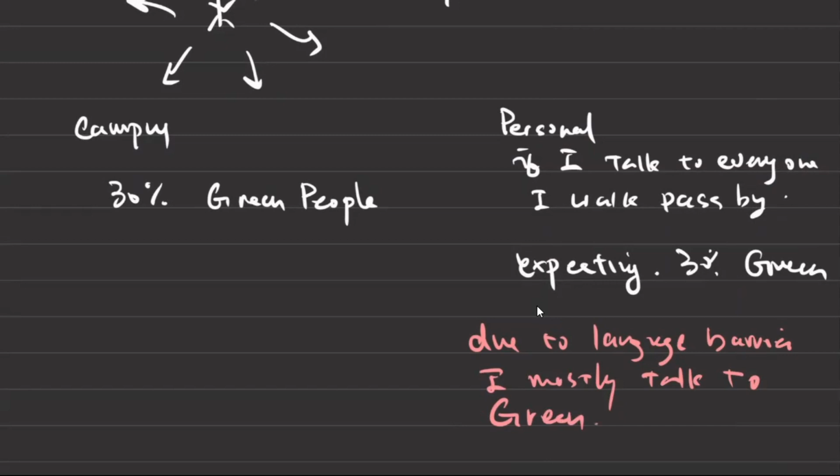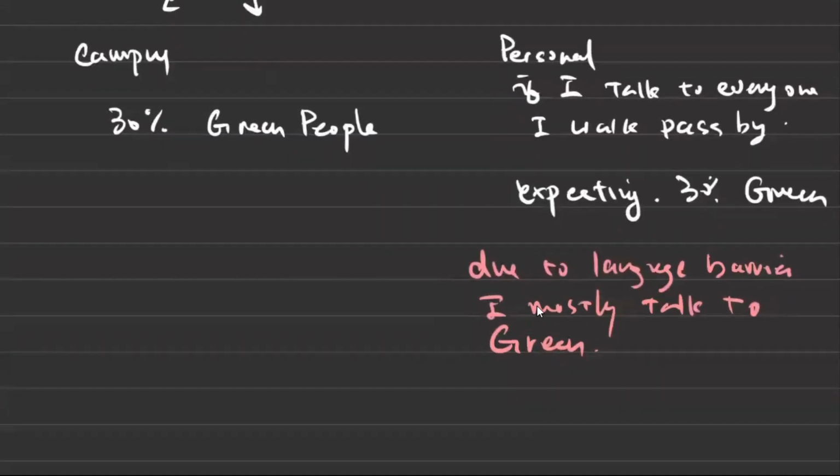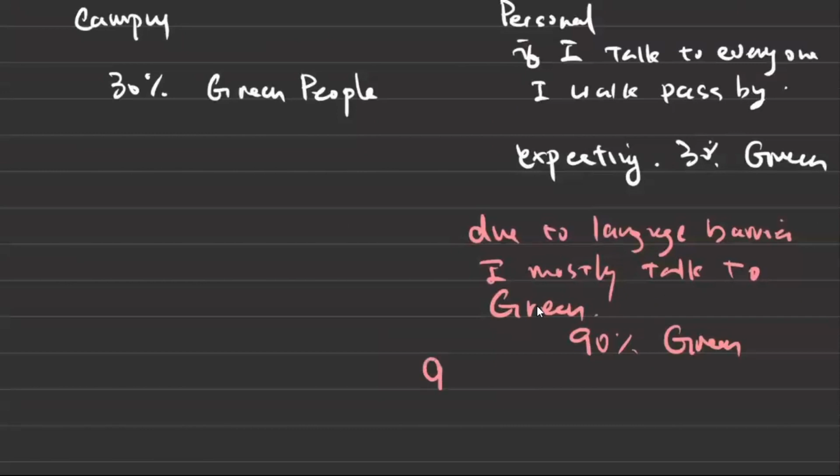So what that means is after a certain time, I will probably be having 90% of green people that I spoke to. Now, notice that this 90% is going to be greater than the supposed 30% of green people on campus.